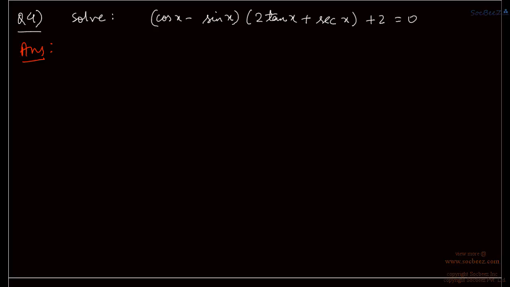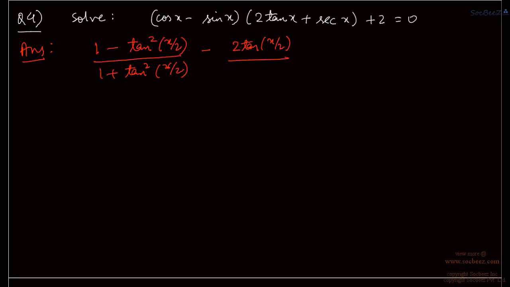Okay. So cos x can be written as (1 minus tan squared x by 2) over (1 plus tan squared x by 2). And sin x is 2 tan x by 2 over (1 plus tan squared x by 2).